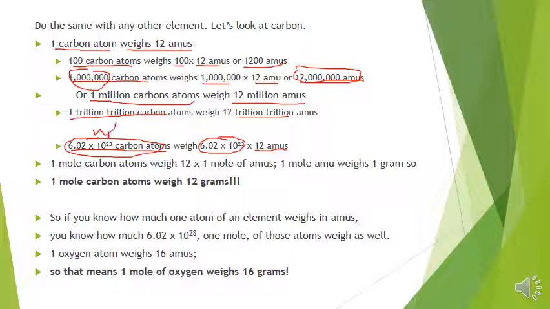So I have 1 mole of carbon atoms weighing 1 mole times 12 AMUs, which is the same as 12 times 1 mole of AMUs, or 12 moles of AMUs. So 1 mole of carbon weighs 12 moles of AMUs.